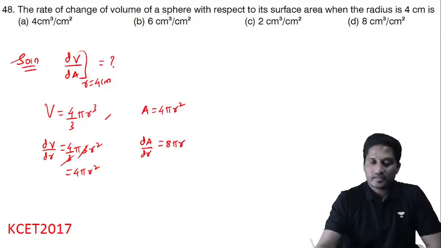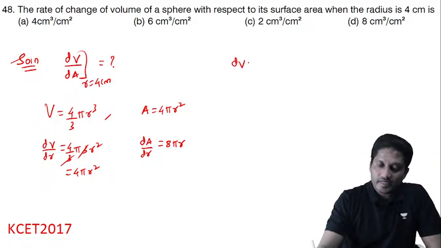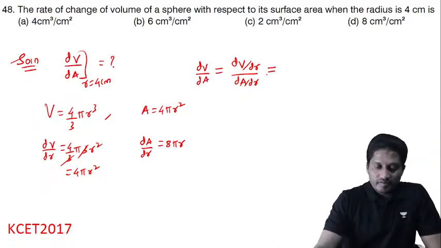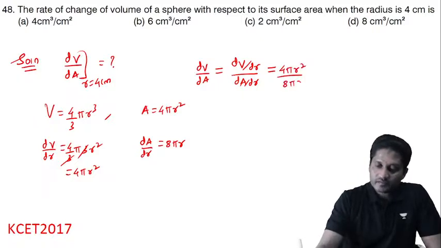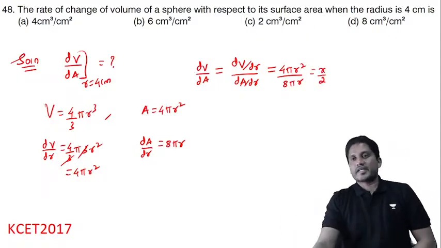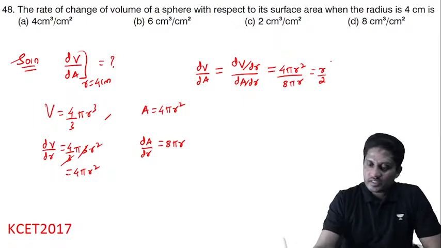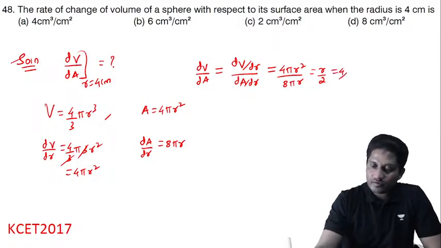Now if I divide dV by dr divided by dA by dr, that is the same as dV by dA. dV by dr is 4 pi r square, dA by dr is 8 pi r. You will get this as r by 2. It is given in the question that the radius is 4, so you will get 4 by 2.